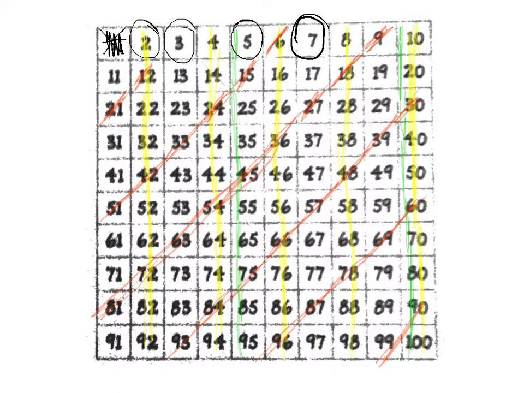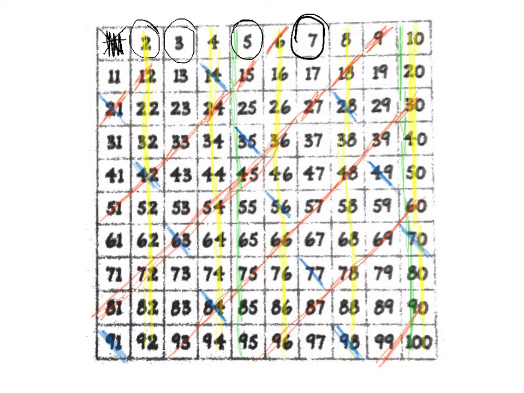So 14, 21, and again skip counting over, 1, 2, 3, 4, 5, 6, 7, eliminates 28, and 35, and 42, and 49, and 1, 2, 3, 4, 5, 6, 7, 56, and 63, and 70, and 77, and 84, and 91, and 98.